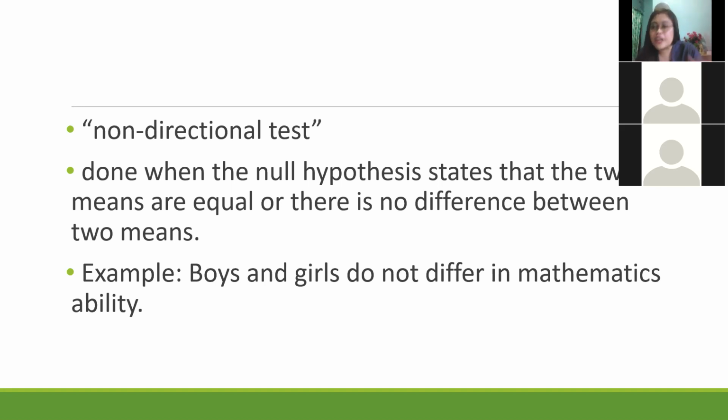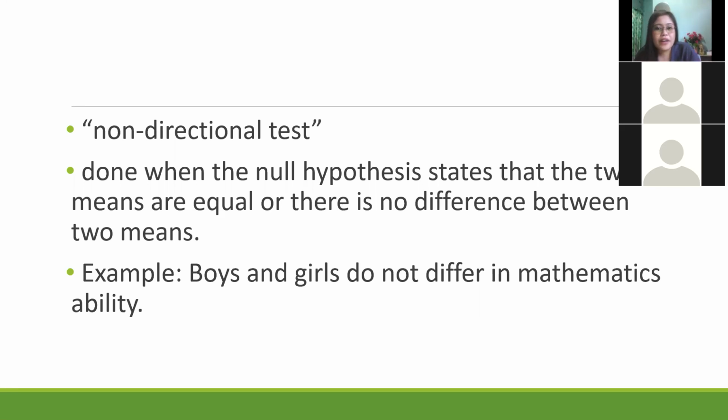It has a direction and it's in favor of the boys, where we assume their mathematical ability is higher than the girls'. It is a directional hypothesis and it means you will be conducting a one-tailed test.